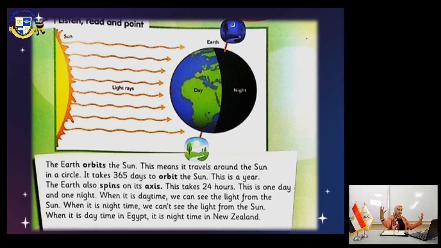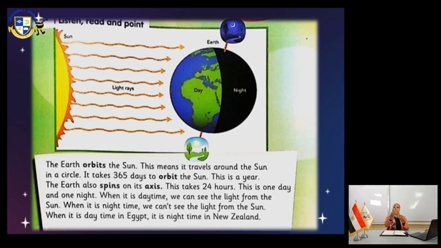But when the earth spins in front of the sun, it changes. So when New Zealand comes in front of the sun, it is daytime, and Egypt becomes night time, and so on. So the earth orbits around the sun. Here is the sun, for example, the pencil.